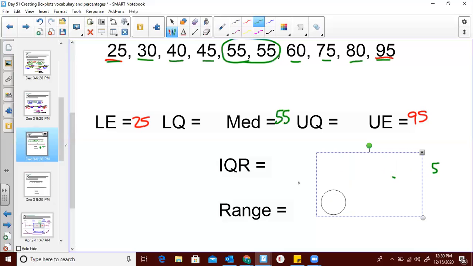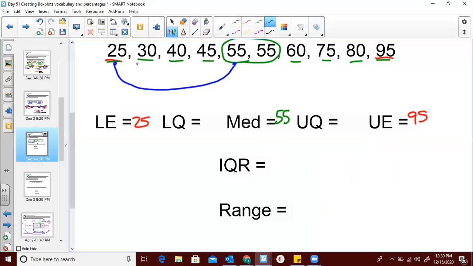So here's where things get a little tricky. Since we have two numbers together that we use to find our median, we're actually going to use them both. When it just gives us one up here in our data, we don't use it. But when there's two, we use it. And that's how we find our lower or first quartile, right?